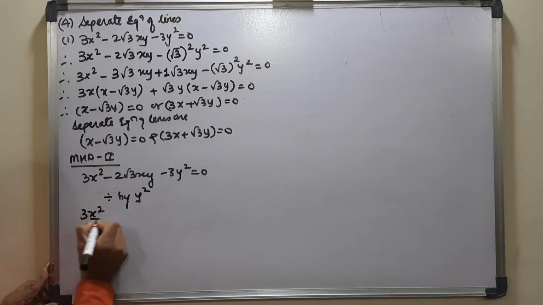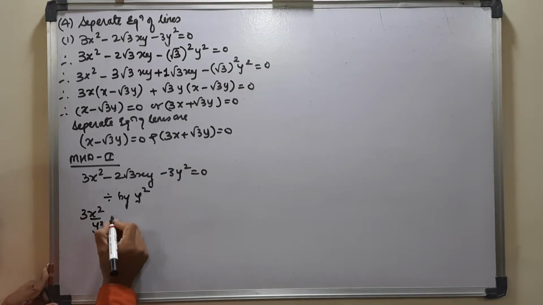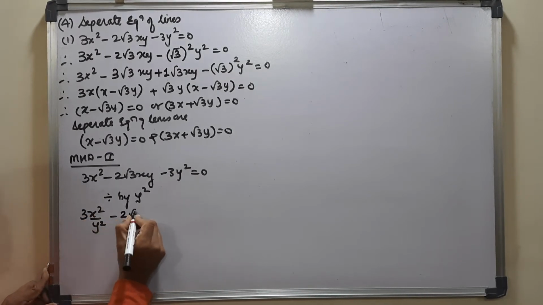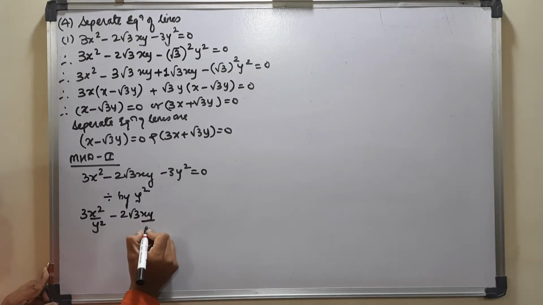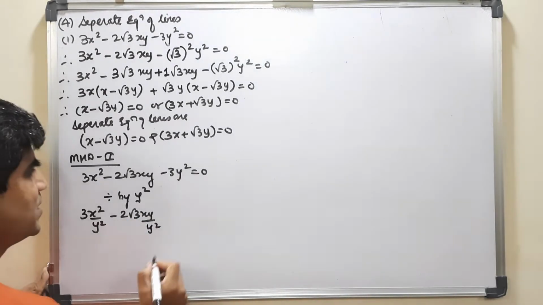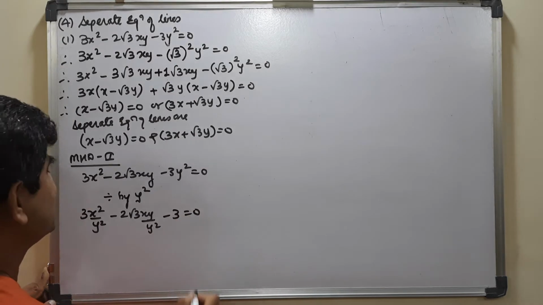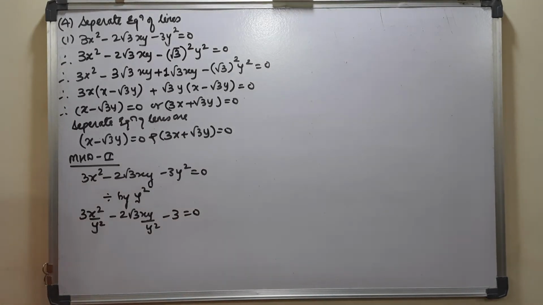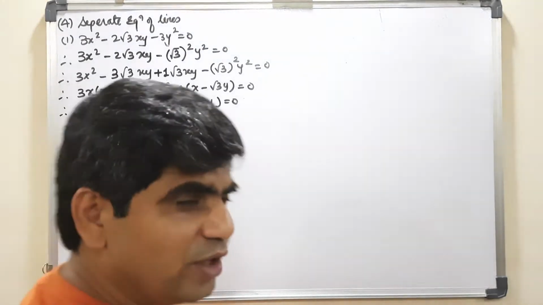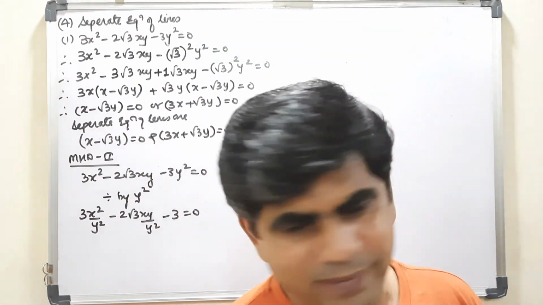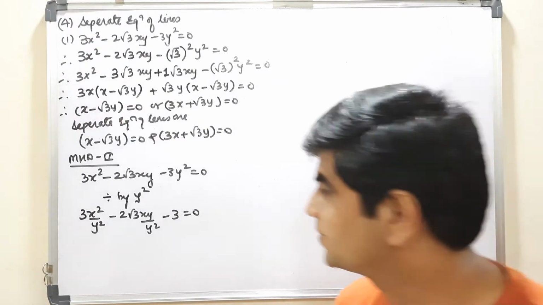So what do you get here? 3 x square by y square minus 2 root 3 xy by y square minus 3 is equal to 0. As I told you, whether you divide by x square or by y square, it will not make any difference.